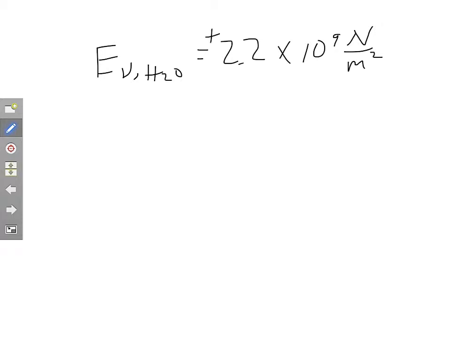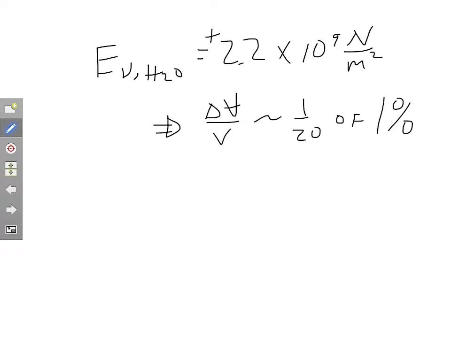And this implies, as the book suggests, that the fractional change in volume is about 1/20th of 1% for a pressure change, dP, of about 10 atmospheres, ATM.